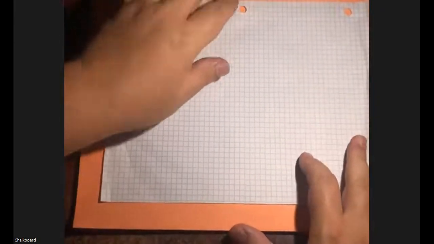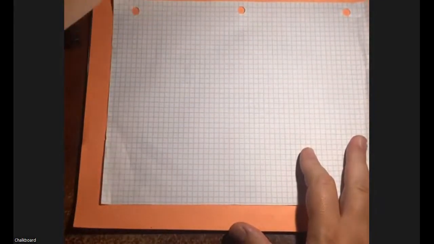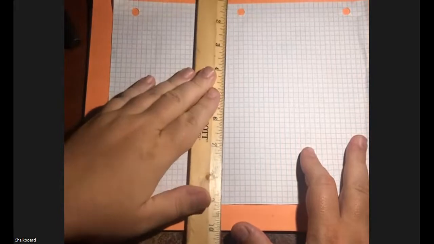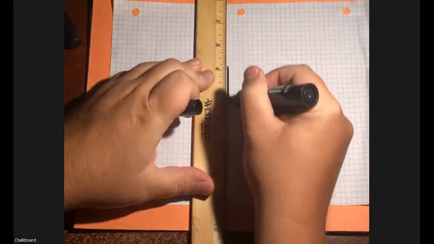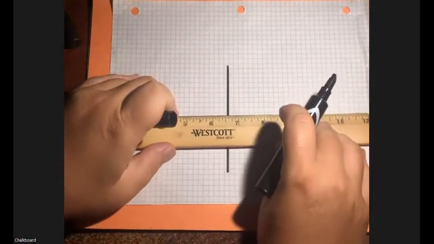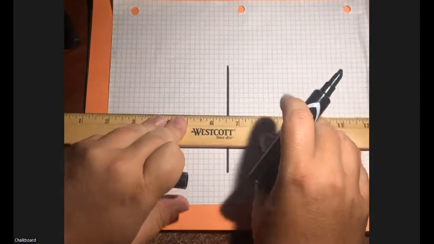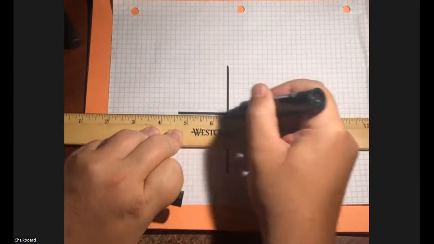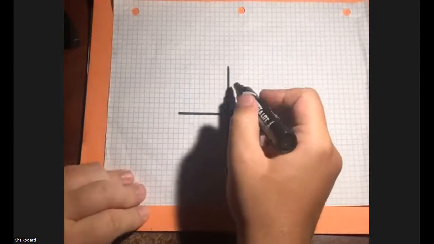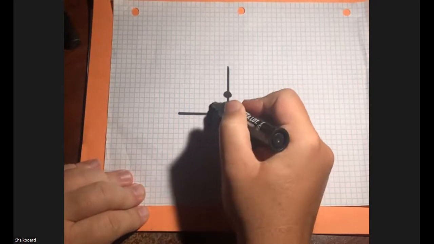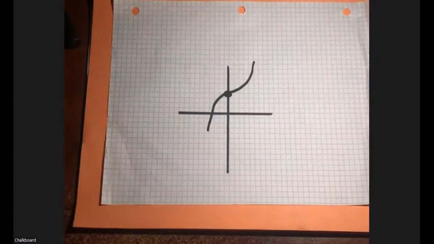Let's try to do x cubed plus 4 for just a minute. Okay, so x cubed plus 4 is going to look like this. Something like that.